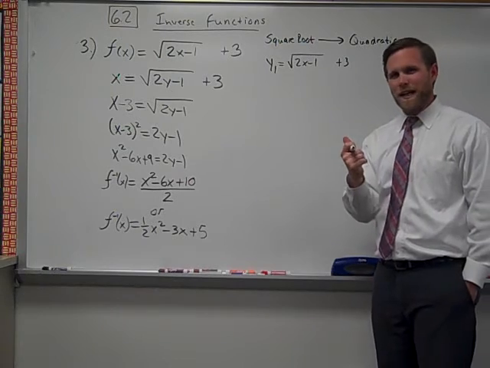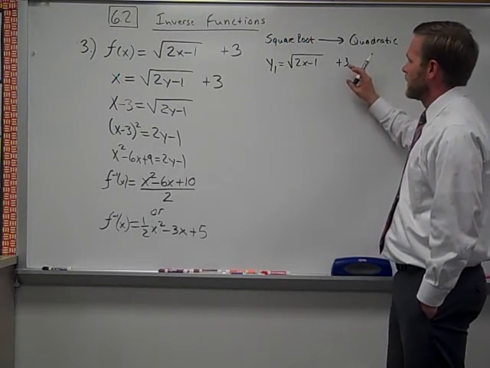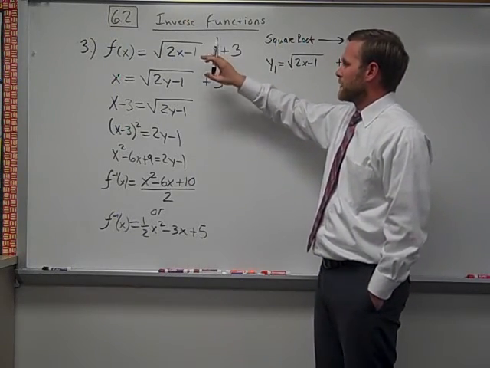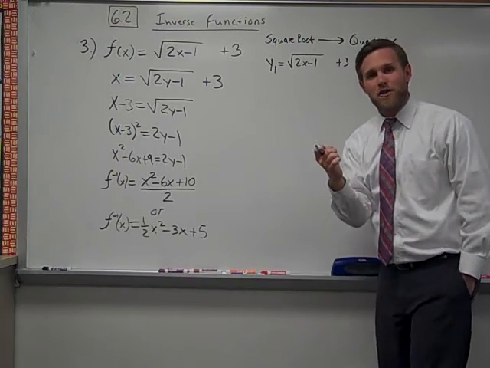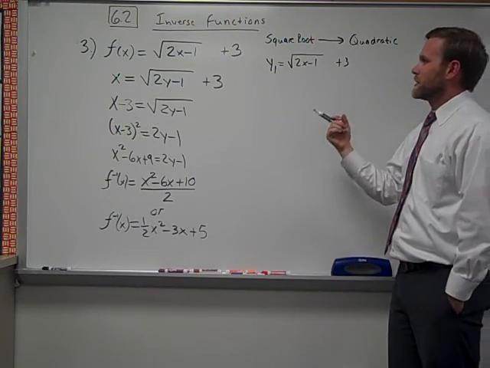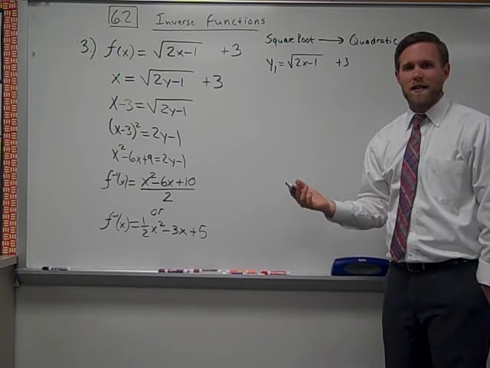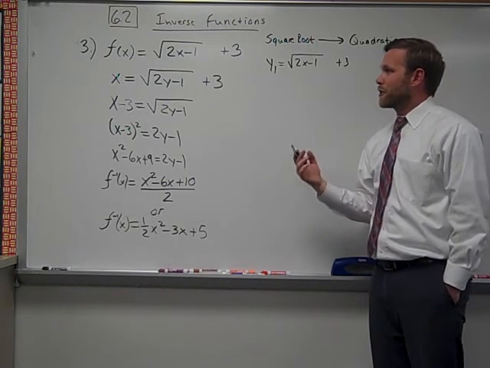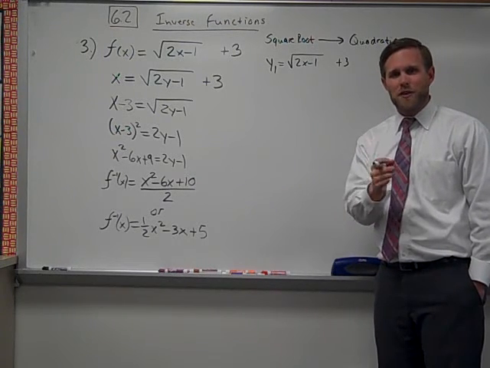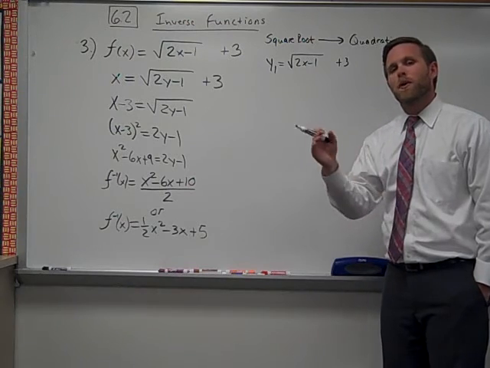Well, again, this is where it kind of gets nerdy. So here's the deal. If you look back at this original function, you have to ask yourself a question. What are the rules on the types of numbers that the calculator can take square roots of? The calculator can only take square roots of numbers that are 0 or greater.